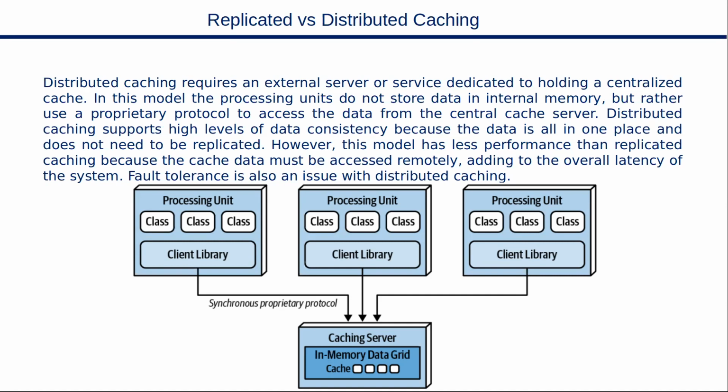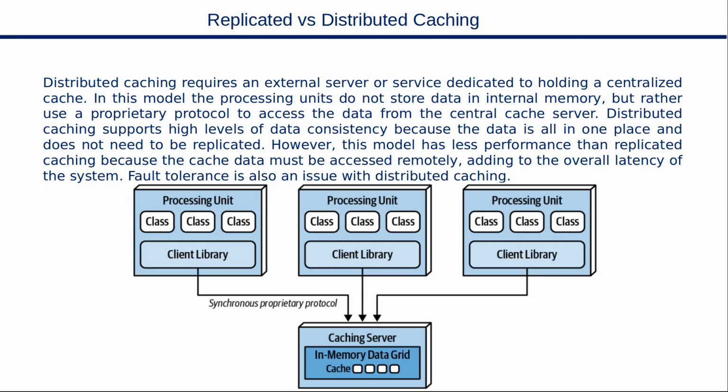Because the data is all in one place and does not need to be replicated. This is one of the benefits. However, the trade-off is that this model has less performance than replicated caching, because the cache data must be accessed remotely, adding to the overall latency in the system.